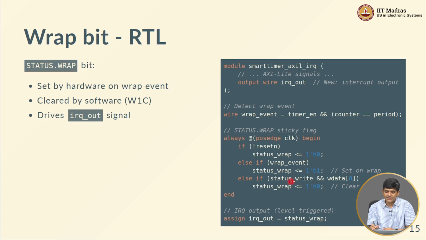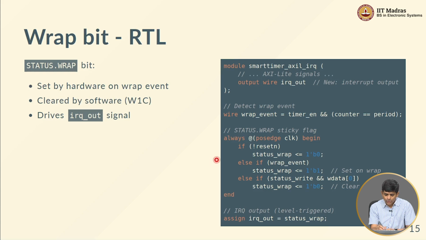And that condition is that I should write 1 into the actual W data of 0 corresponding to the status write, where status write is a short form which says I am writing into the status register. So I check whether I am writing into the status register, and bit 0 of whatever I am writing should have the value 1. Once both of these conditions are satisfied, I make status wrap equal to 0.